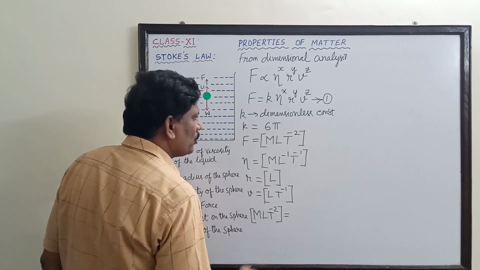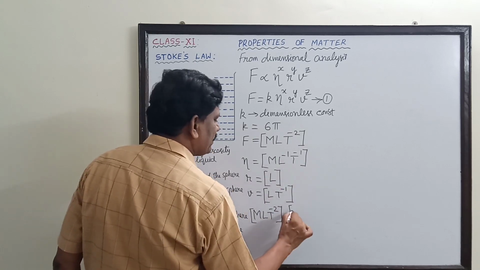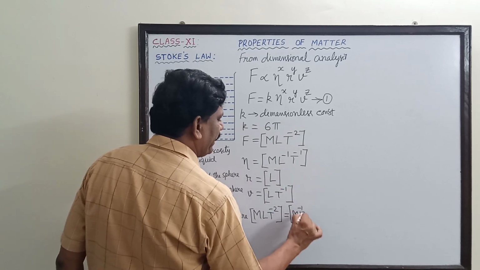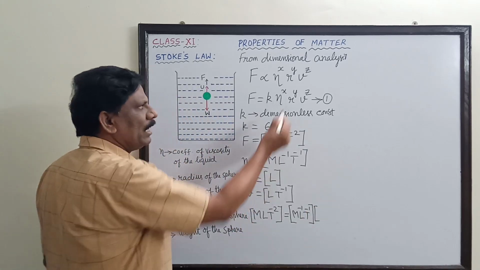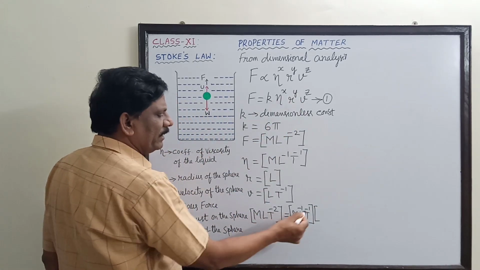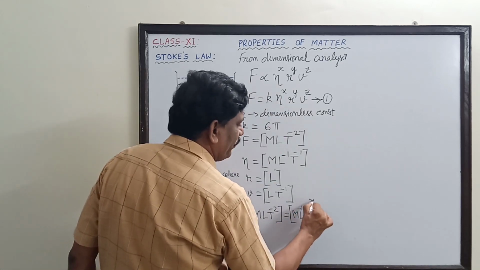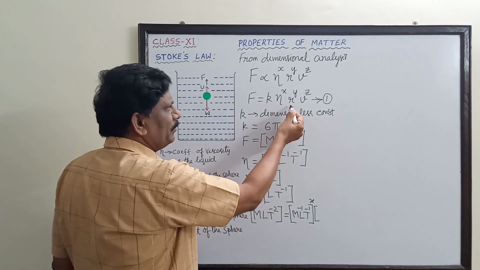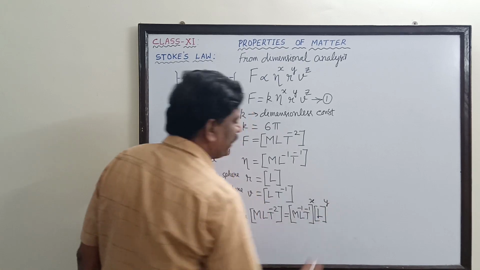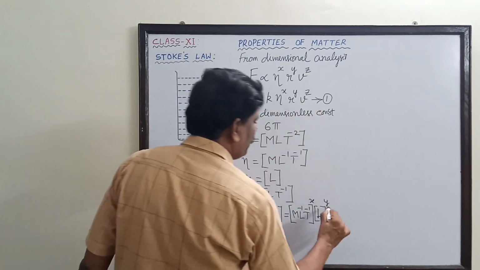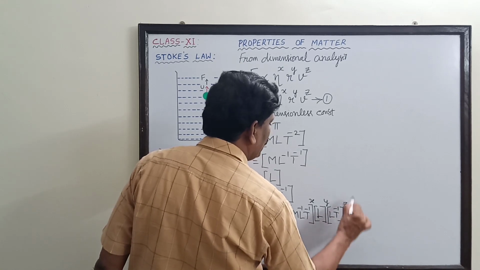And this is equal to the right hand side, where the first term is eta, so its dimension is M L power minus 1 T power minus 1, raised to the power x. The second term is R power y, the dimension of R is L and the power is y. And the third term is V power z, so this is L T power minus 1, whole power z.